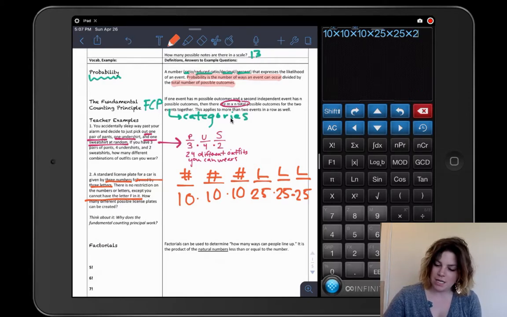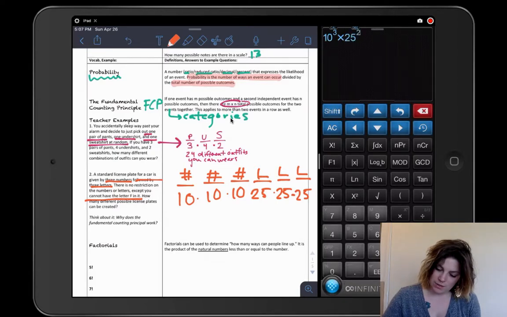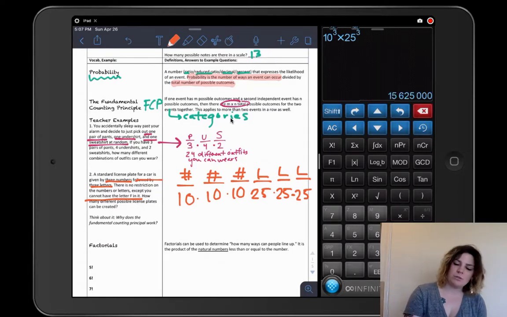I could say that this is 10 to the third and this is times 25 to the third. And I get the same answer. So it's up to you how you want to do it. It can be a little more efficient to do it using exponents rather than having just to multiply in a row. So I have 15,625,000 possible license plates.